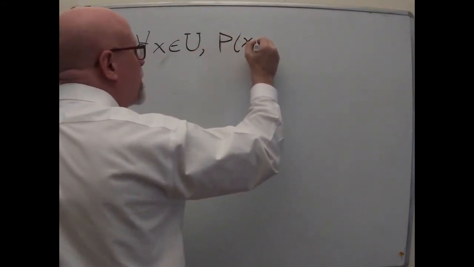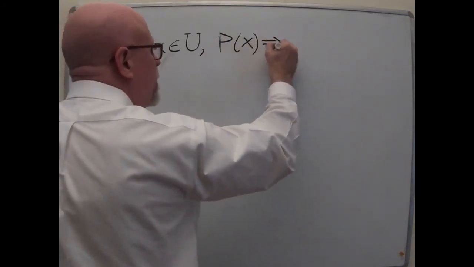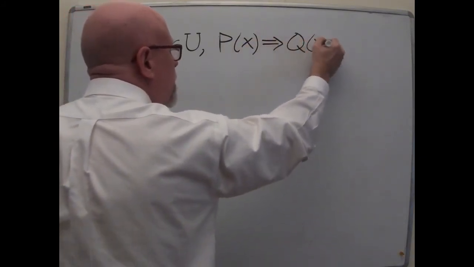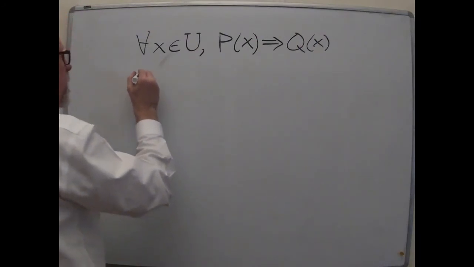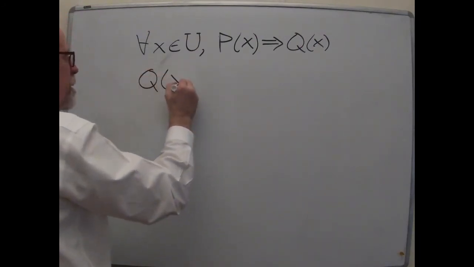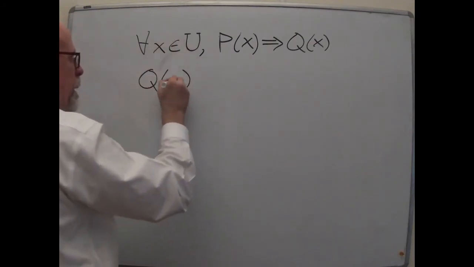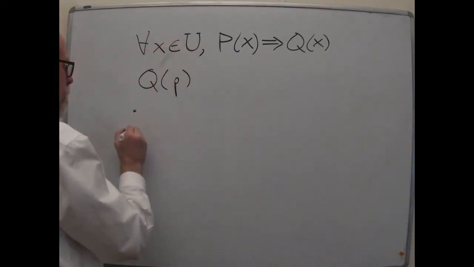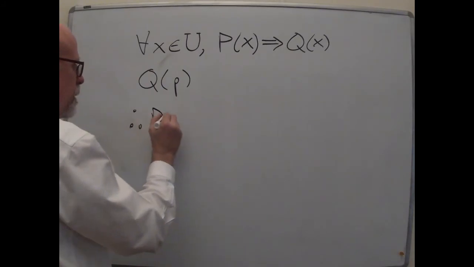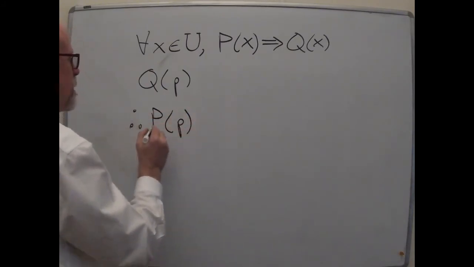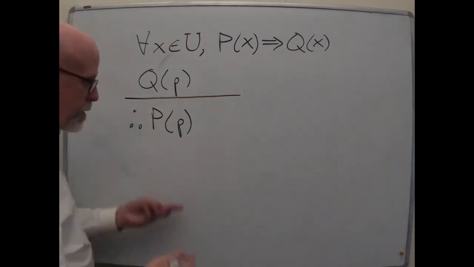If you had for all x, P of x implies Q of x, and then Q of x, let's not do x, it's supposed to be a particular thing, so Q of p, and therefore P of p. That's just not right.